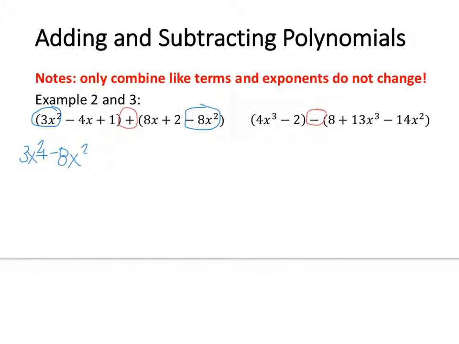Then from there I'm going to go to negative 4x and positive 8x. And then always last are the constants. So I'm adding 1 and 2. So my answer is negative 5x squared plus 4x plus 3.